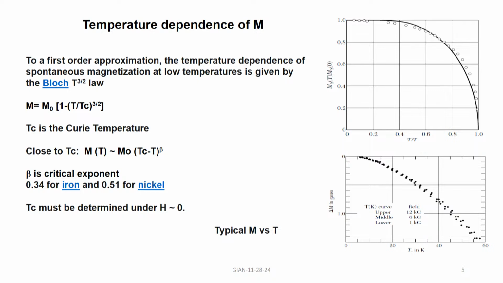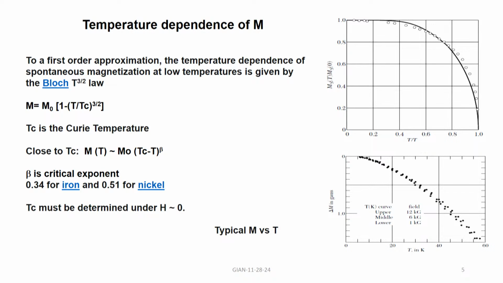The temperature dependence of the magnetization is given by this equation here. That is true only when you are far away from the Curie temperature. There is a 3/2 exponent in the way the magnetization decreases with temperature.